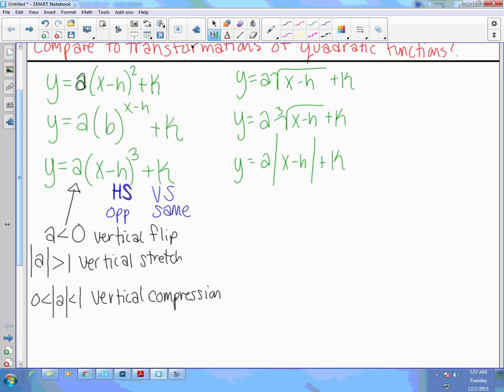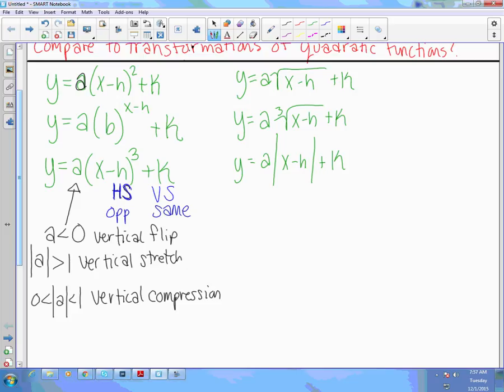Where's the h? In the exponent. This one called cubic. Where's the h? In the thing being cubed. This one called square root. Where's the h? In the square root. There's one called cube root. Where's the h? In the cube root. There's one called absolute value. Where's the h? In the absolute value.